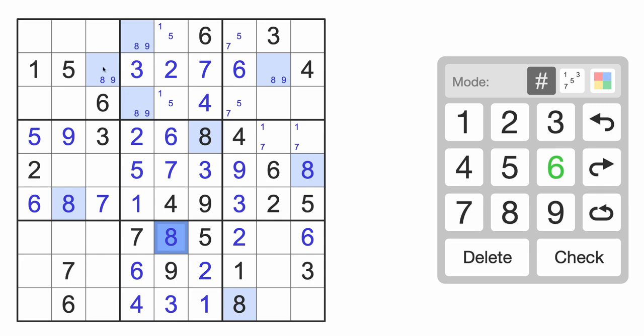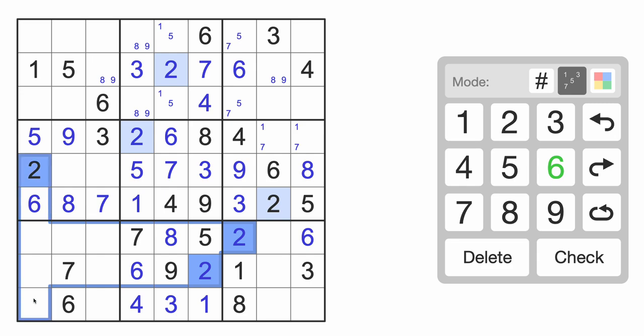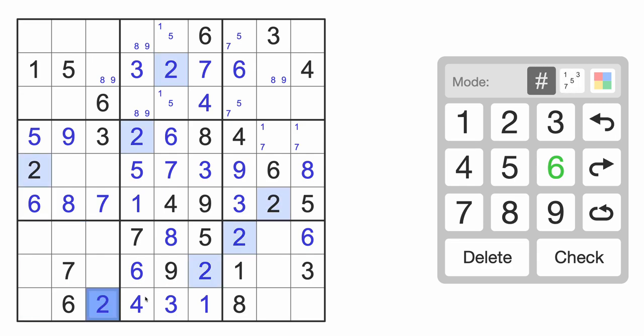Sorry. 2, 2 puts 2 in here. 1, 4. Okay, I can place 2 in box 7. 2. That gives me 2 here.